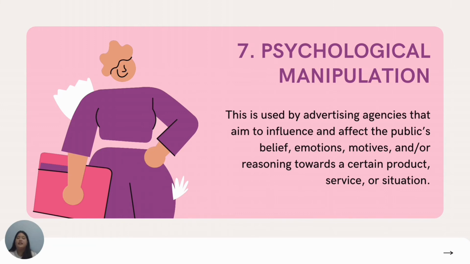Number 7, psychological manipulation. This is used by advertising agencies that aim to influence and affect public's belief, emotions, motives, and/or reasoning towards a certain product, services, or situation.